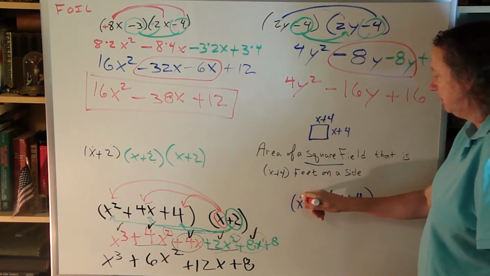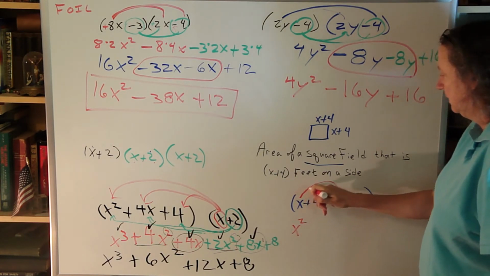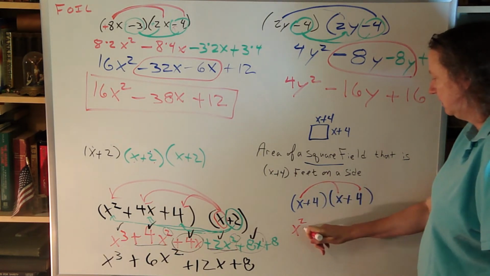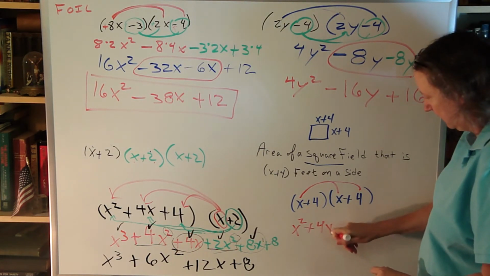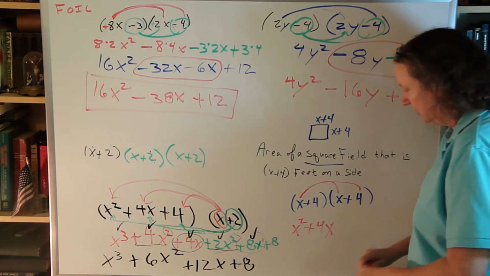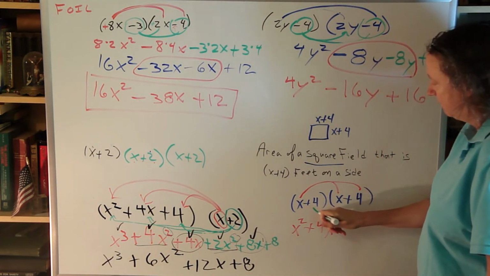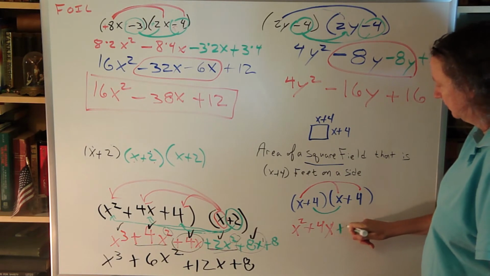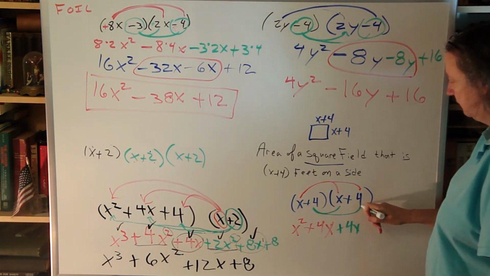Take the first term times the first term, gives me x squared. Outside times outside, 4x. Make the x look like an x. Penmanship counts. 4 times x. And 4 times 4.